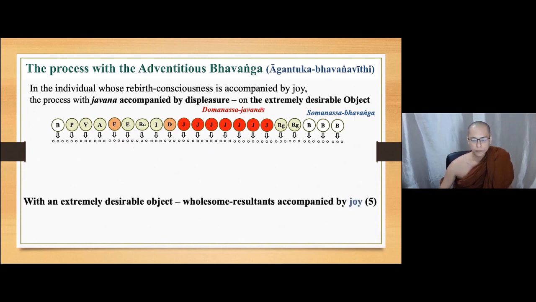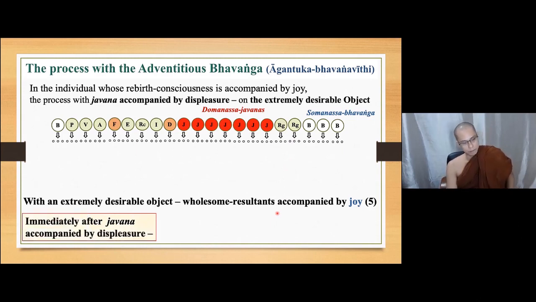Then the object is an extremely desirable object, seeing the Buddha or listening to the Buddha, or sometimes seeing a female deva, and the man gets angry because she does not belong to him. In this way, if he gets angry, let's consider the registration.